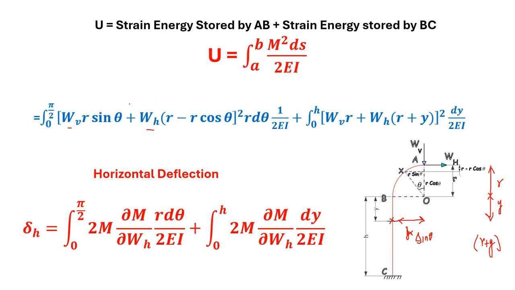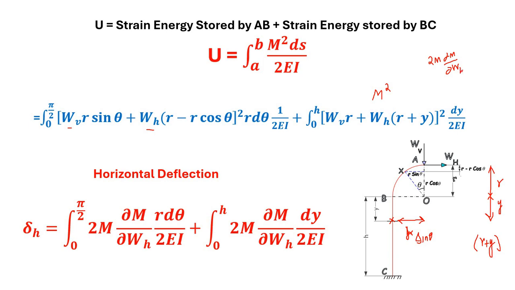And you can see that the del H expression is obtained by differentiating this equation: 2M into dou M by dou WH into r d theta by 2EI, plus the integral from 0 to h of 2M into dou M by dou WH into dy by 2EI. So here you have M square, and if you differentiate this, it will be 2M into dou M divided by dou WH.